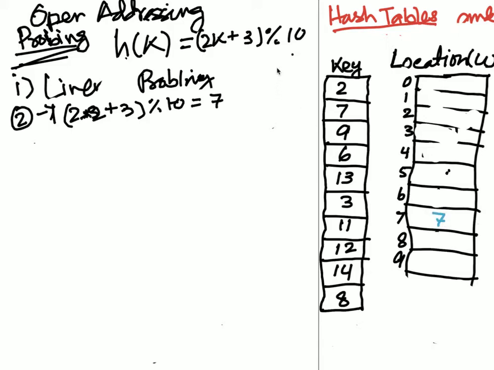Whatever our hash function is, our hash table will be redesigned accordingly. Now for 7, what will happen? 2 times 7 is 14, plus 3 is 17, modulus 10 equals 7. So 7 will come over here too.